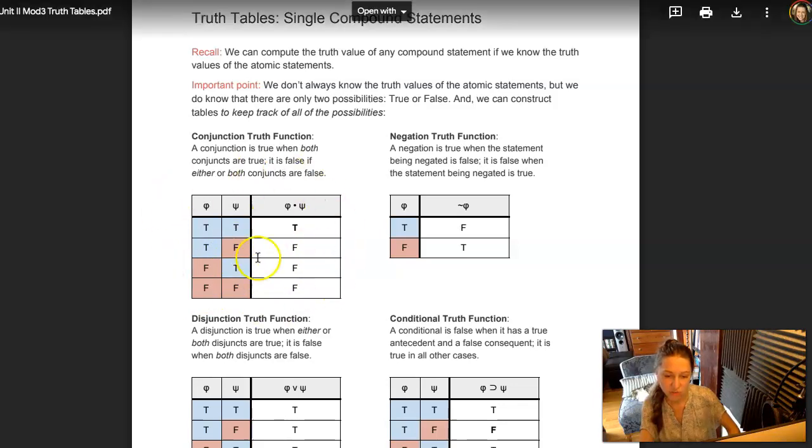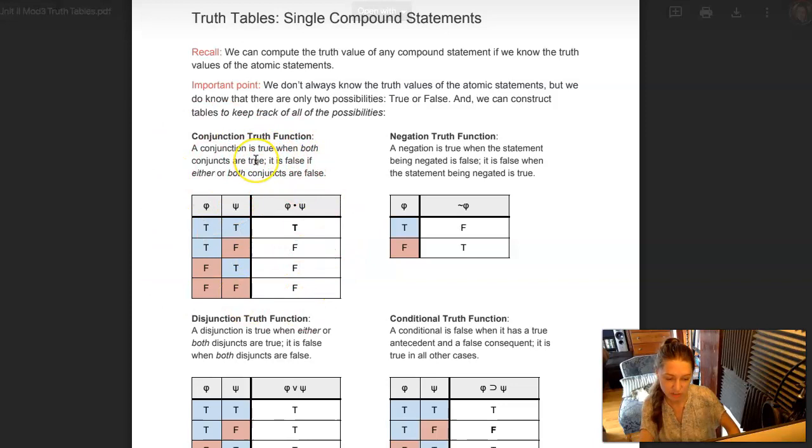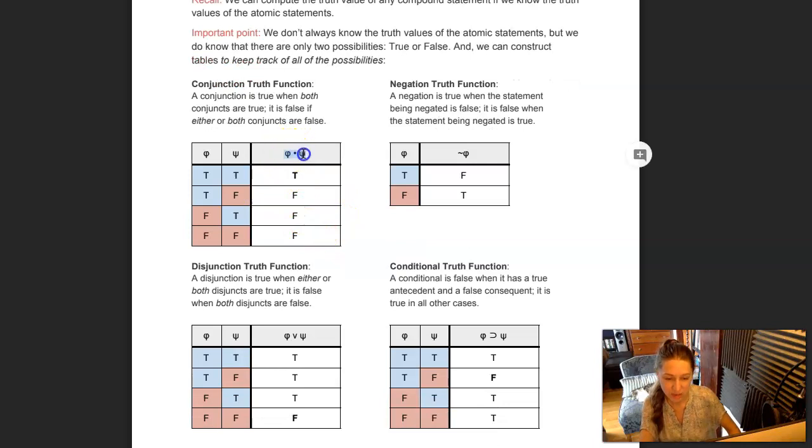So this is just a way to represent this definition. One of the most common mistakes that students make when they're just getting started is thinking that any time you have a conjunction this column's going to be TFFF. And that's not true. This doesn't represent that the column always has to be TFFF. It means when you've got two parts that are true, this part has to be true.